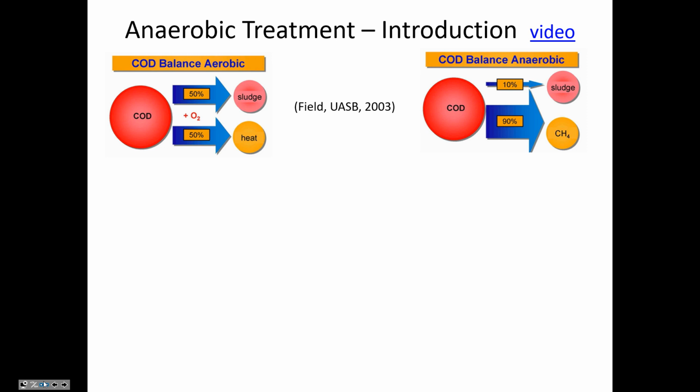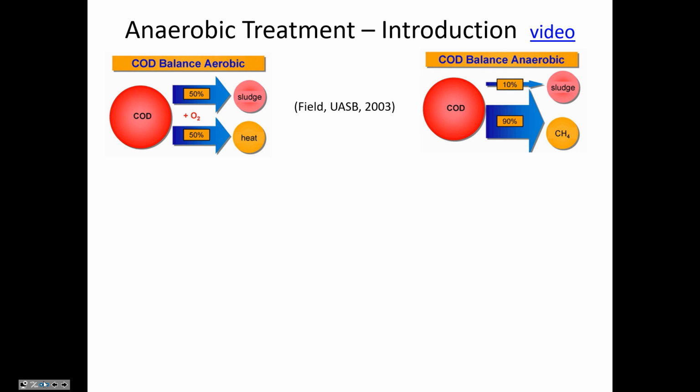And so what we're going to be talking about mostly today is the considerations of how we break down and reduce the volume of the sludge and how we stabilize the sludge. One of the common ways to deal with sludge solids is through anaerobic treatment.